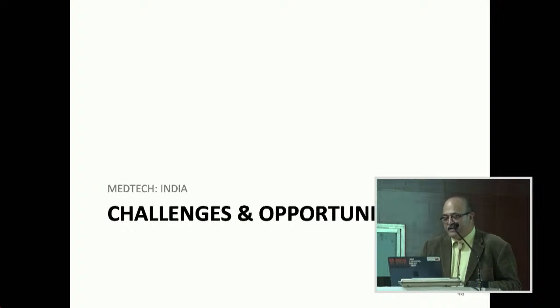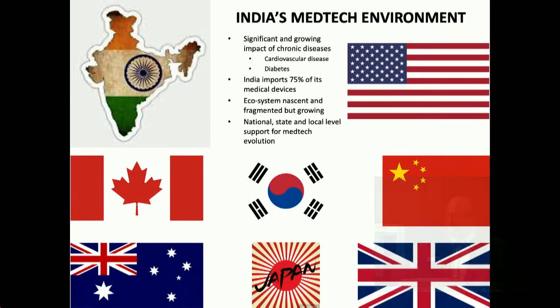In India, when I look back, and I won't belabor this, I've helped people all over the world, regions in the US, countries start their Medtech ecosystems. I think COVID was a big eye-opener for India because we realized that, even though we export about 50% of the world's biosimilars, biogeneric drugs, we import about 75% of our medical devices.